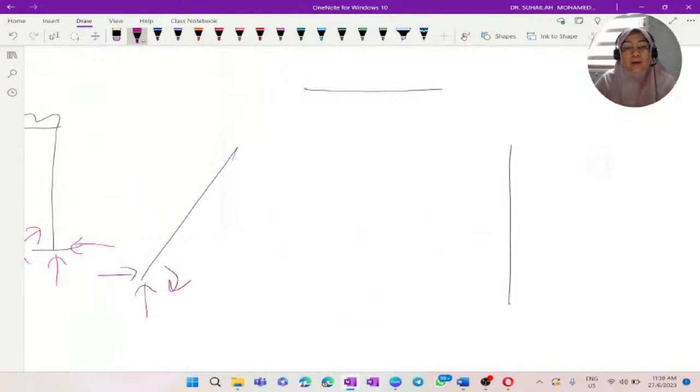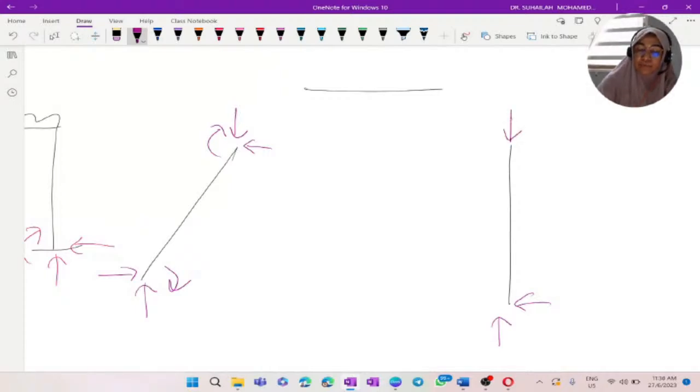The same but opposite, and moment. Moment, we remain clockwise at the beginning of the analysis. Okay, and move to CD. We will have a horizontal reaction and vertical reaction, and they must be balanced internally.